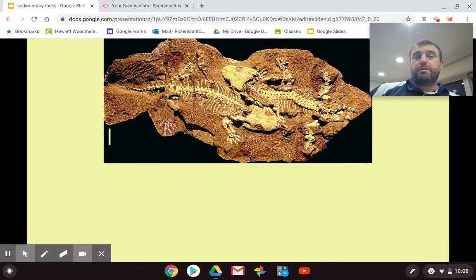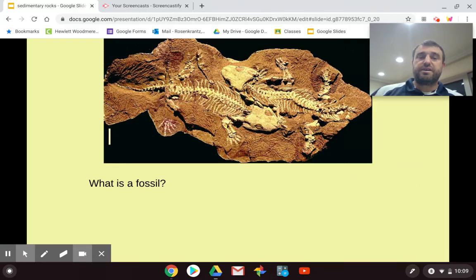Fossils cannot form in metamorphic rocks because the heat and pressure will destroy the fossil. Also, fossils can never form in igneous rocks because igneous rocks come from magma or lava. And magma and lava, nothing can live in it, right? If something falls in magma and lava, it is now magma or lava. So if you find a fossil, you know immediately that it is a sedimentary rock.